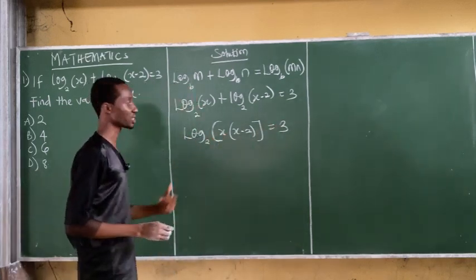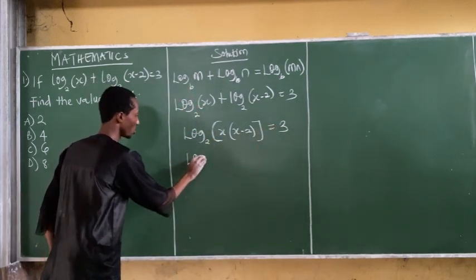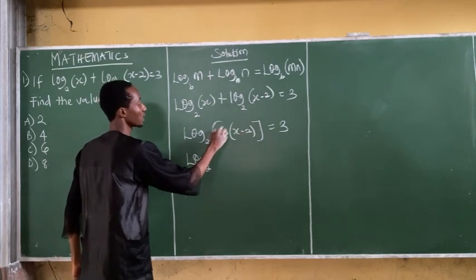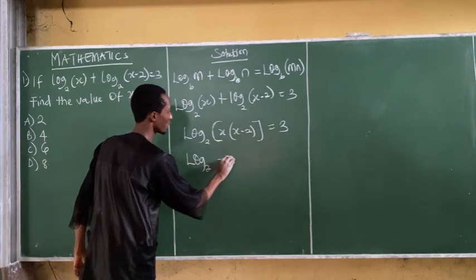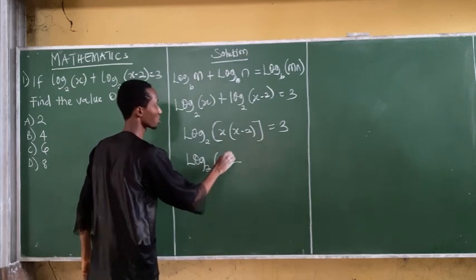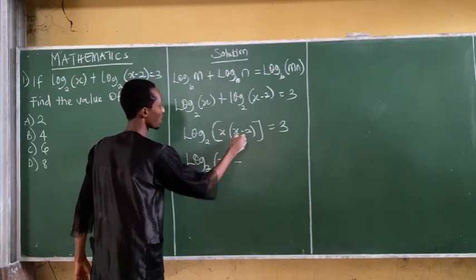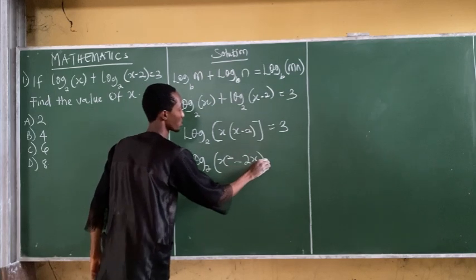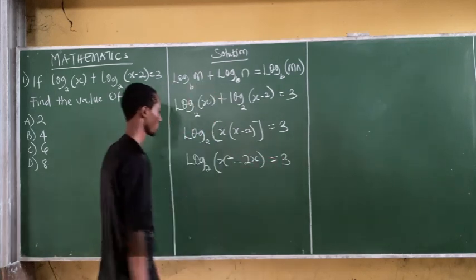If we simplify this further, we have log base 2 of the expanded bracket. x times x gives x squared, minus x times 2 gives minus 2x, is equal to 3.